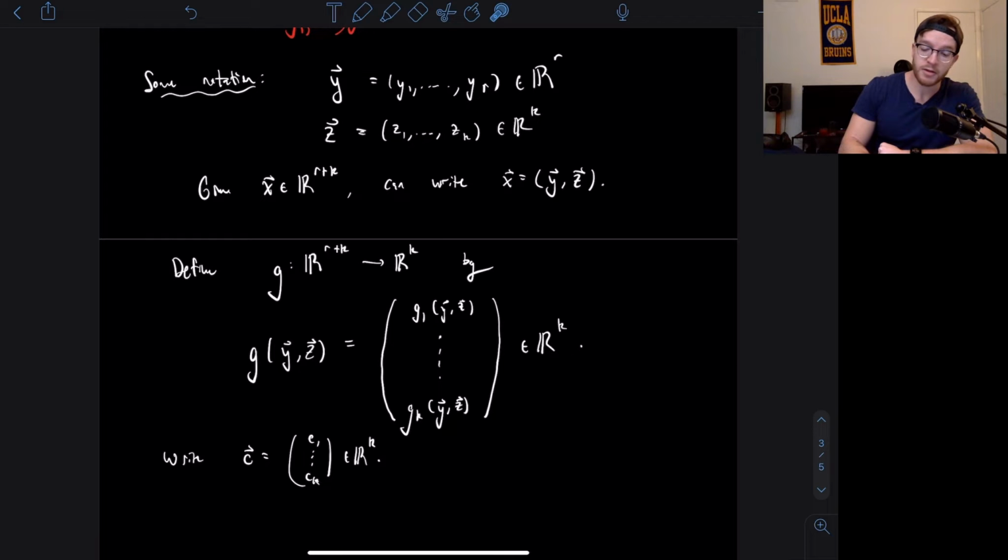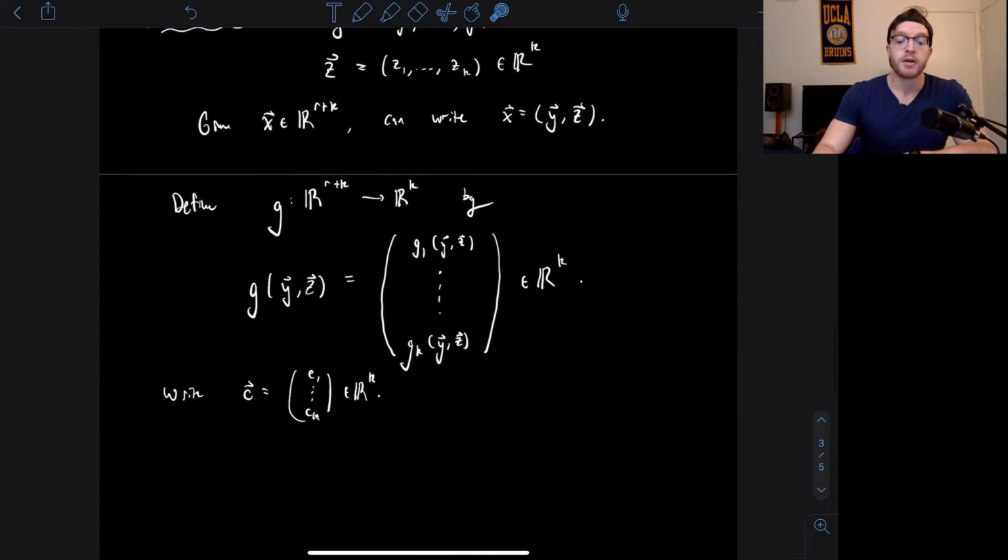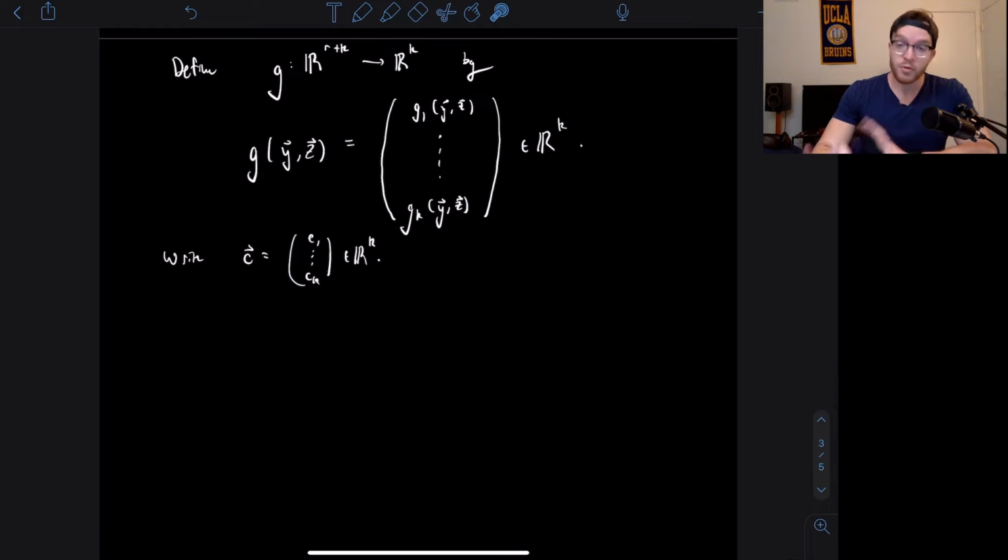But I'll repeat, vector y is just the vector of all the y variables, vector z likewise, and g, plain old g, this is a function from R^(r+k) to R^k, whose components comprise the k equations from above.